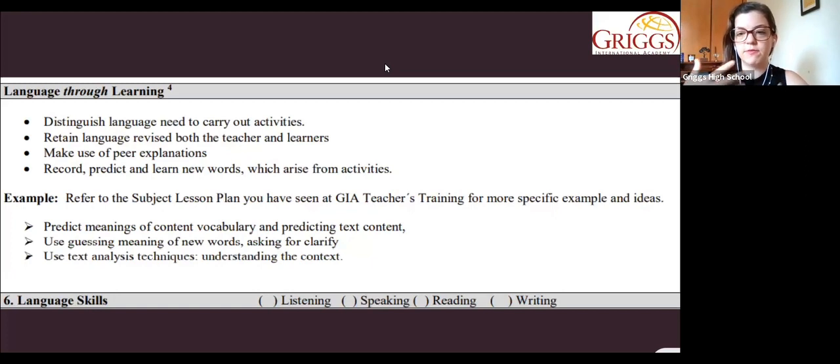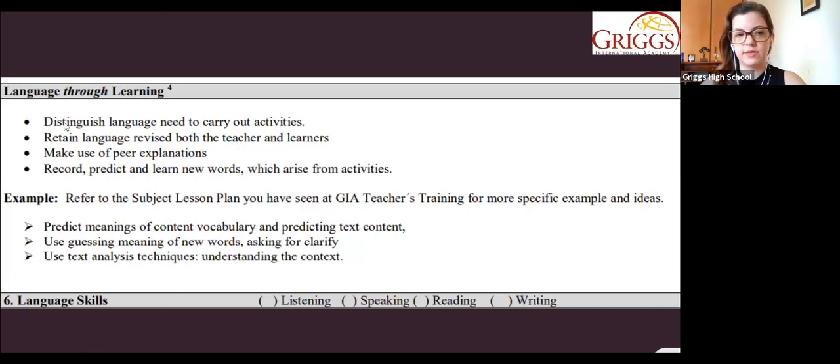So you have all of these different strategies, or you can just explain the word directly. That is also a possibility. All of these different strategies, that's what you're going to write in this part. So you're not going to write any language. You're going to write exactly what you would do.